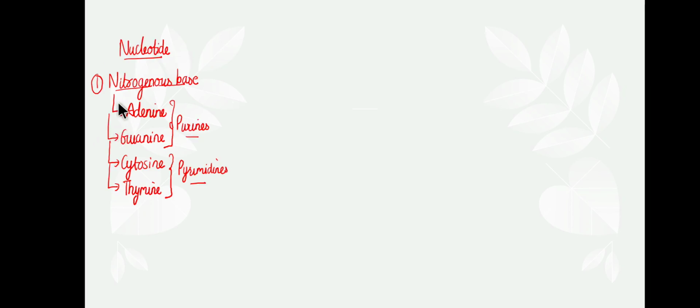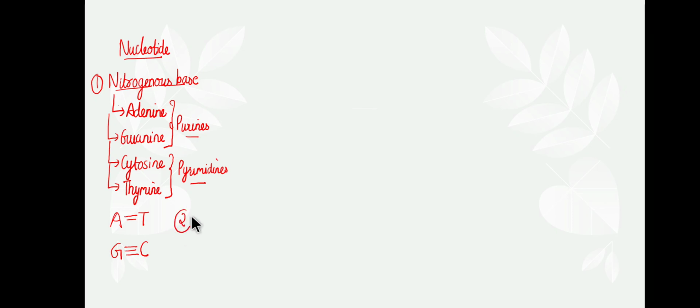So, the nitrogenous base could be any of the four: adenine, guanine, cytosine or thymine, where adenine always pairs with thymine with the help of two hydrogen bonds, and guanine always combines with cytosine with the help of 3 hydrogen bonds.